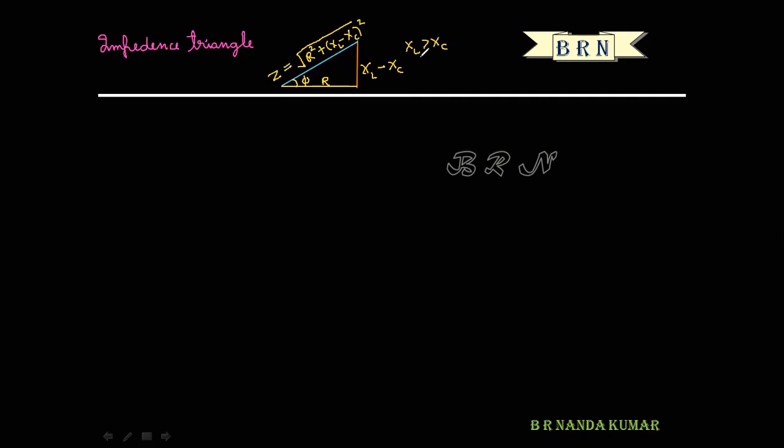Suppose XC is more than XL, the perpendicular is XC minus XL, so the impedance is root of R squared plus XC minus XL whole square.